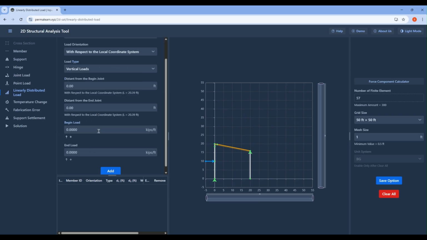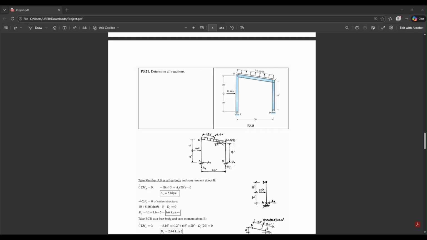So begin load is 0.4 and end load is 0.4. Click add, so we can have this uniform distributed load. So by this, we already construct our structure member.